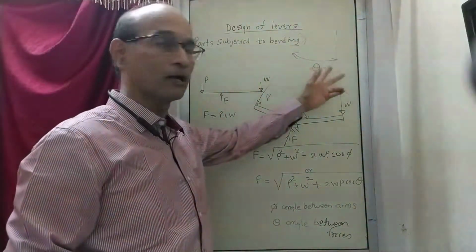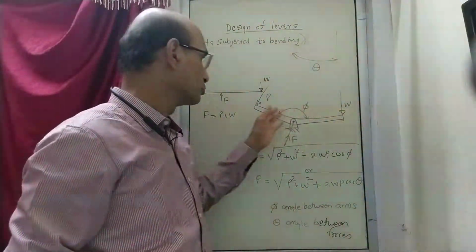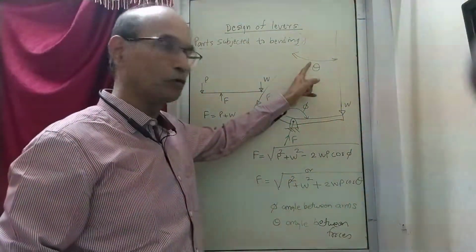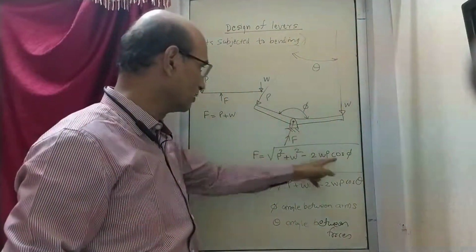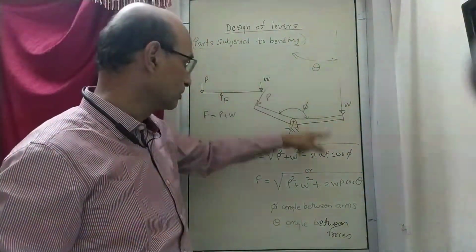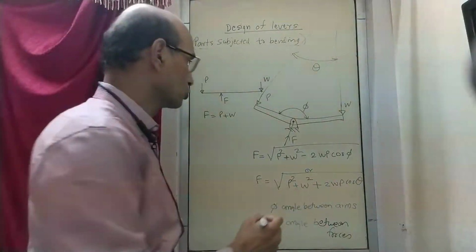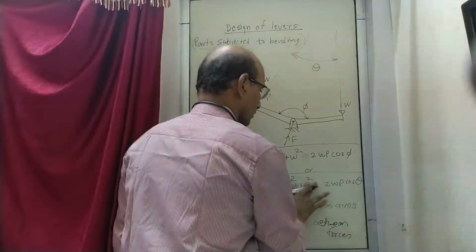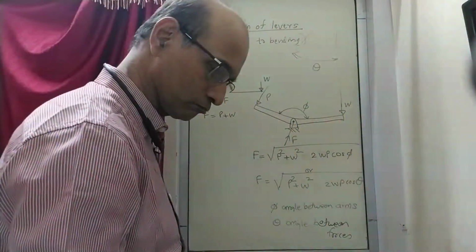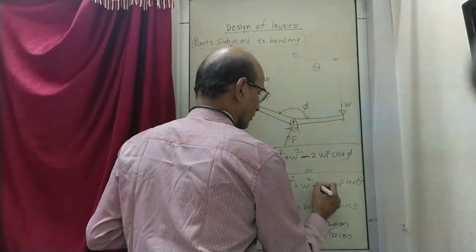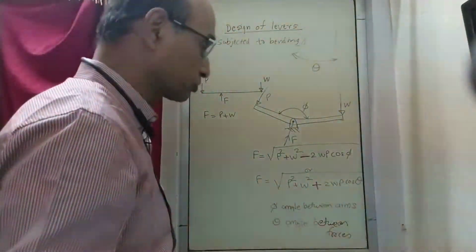Sometimes you may be given the angle between the forces, sometimes the angle between the arms. So it could be phi that is given, it could be theta that is given. If phi is given, the formula is like this, where this is minus, and if theta is given, it is the same formula but this is plus. So minus and plus is the only difference. Either it will be minus or it will be plus.